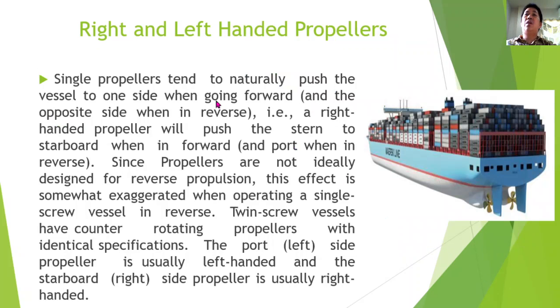So we have also here a continuation on right and left-handed propellers. Single propellers tend to naturally push the vessel to one side when going forward, and to the opposite side when in reverse. For example, a right-handed propeller will push the stern to starboard when going forward, and to port when in reverse.